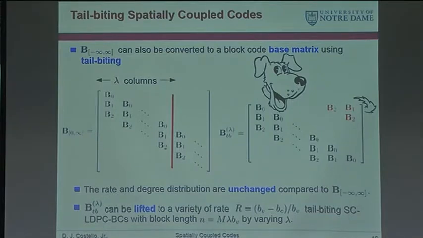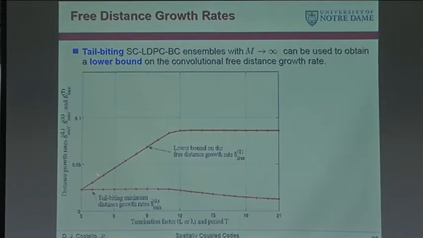Let's do the averaging, and let's get the distance growth rate of that ensemble based on the spectral shape function that we talked about yesterday. You can treat it just like any block code ensemble, like any other block protograph, and you get this minimum distance growth rate of a tail-biting convolutional ensemble.